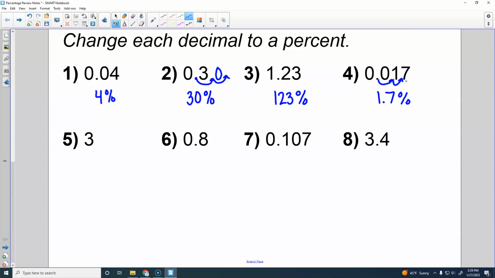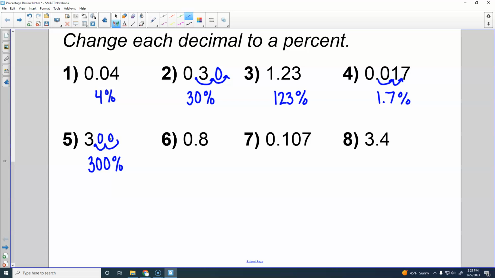Okay? All right, Evan, 5. 300. That one doesn't even have a decimal, so what do I do with that one? Okay, I put that decimal at the end because 3.0 is the same as 3, right? And I just move that decimal 2 places, add those zeros on the end.